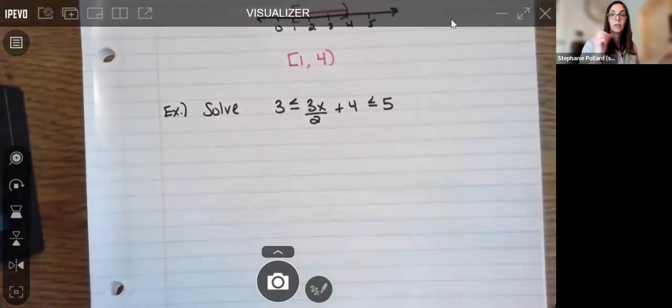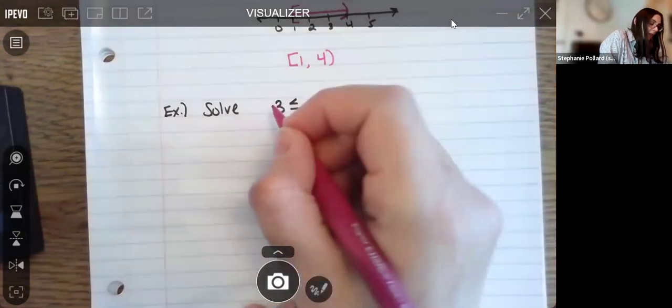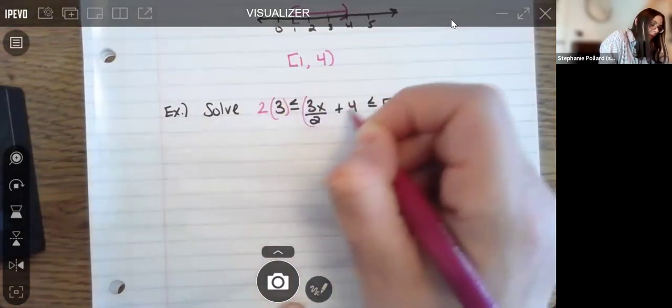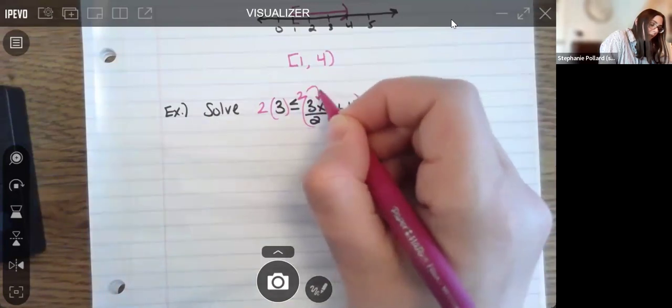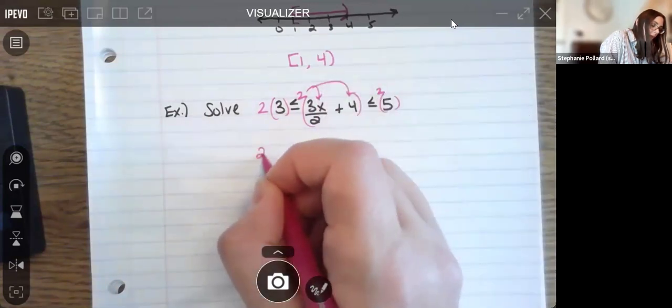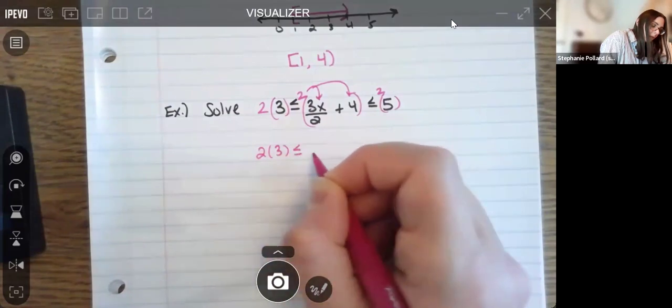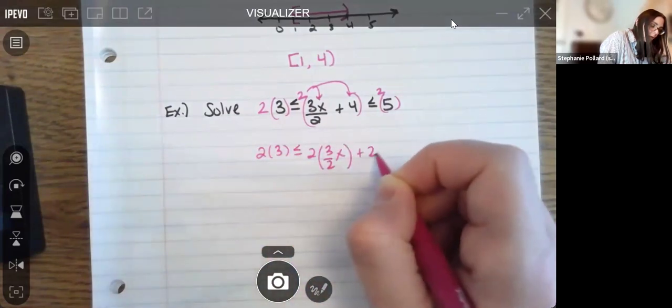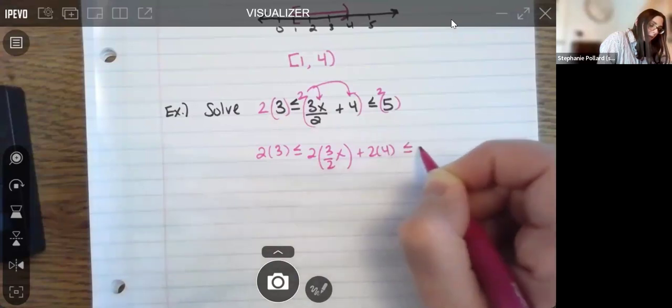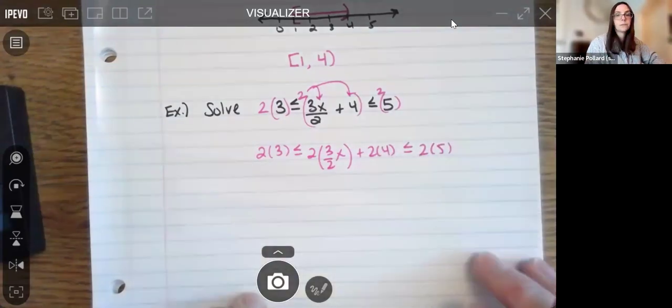So I see that denominator of 2. I'm going to multiply everything by 2. So the left side, the middle, and the right side. And in that middle, I am going to distribute that 2 as well. So I have 2 times 3 on the left, 2 times 3/2 x, plus 2 times 4, and then on the right, 2 times 5.